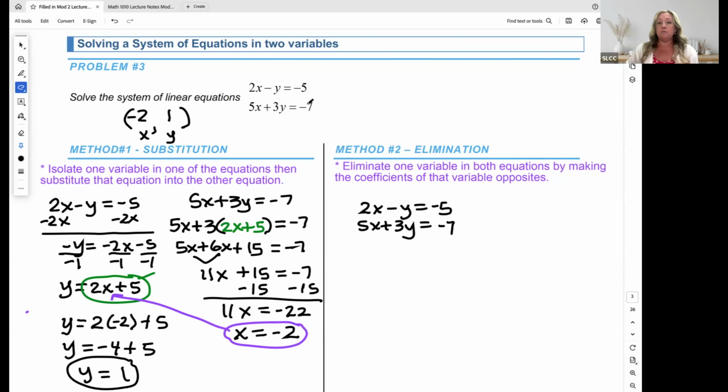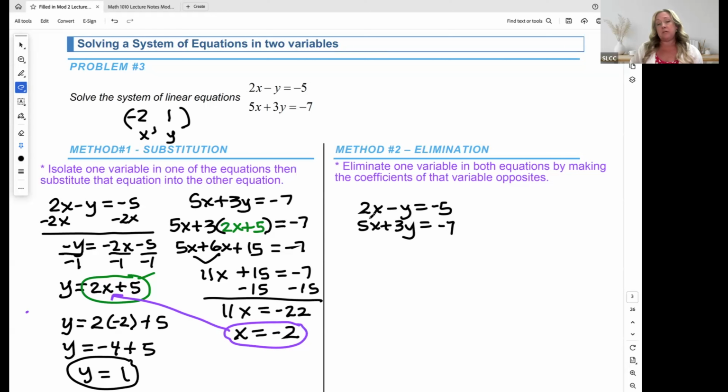Now we can also solve this system of equations using the elimination method. The elimination method is where we eliminate one variable in both of the equations by making the coefficients of that variable opposites.